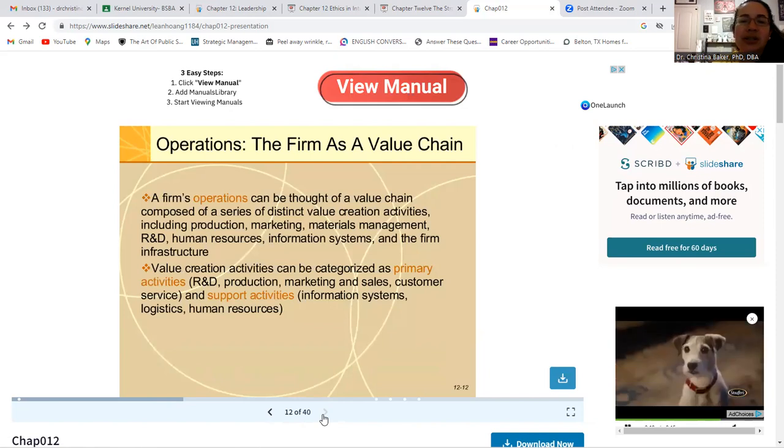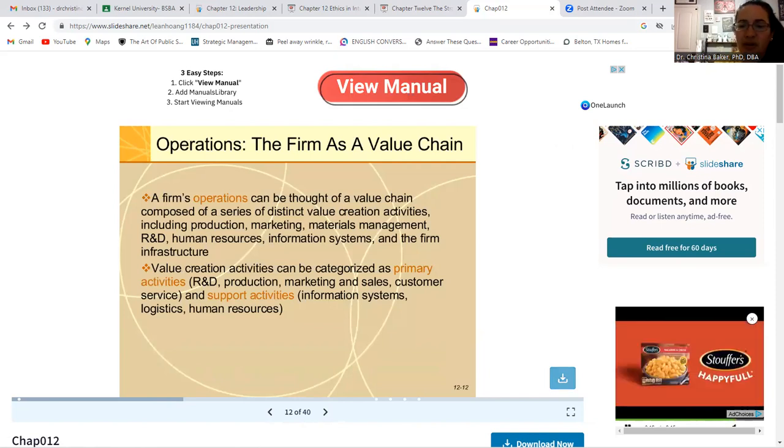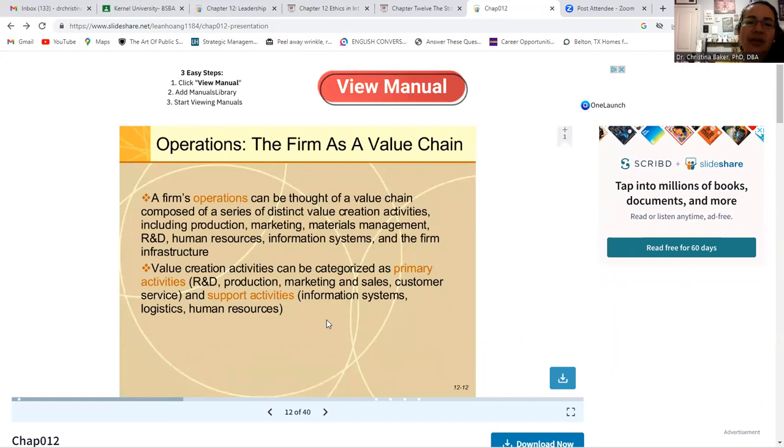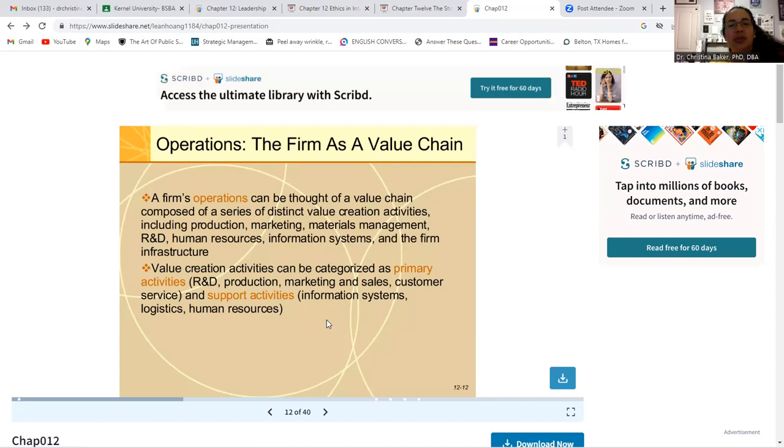A firm's operations can be thought of as a value chain composed of a series of distinct value creation activities, including production, marketing, materials management, R&D, human resources, information systems, and the firm's infrastructure.